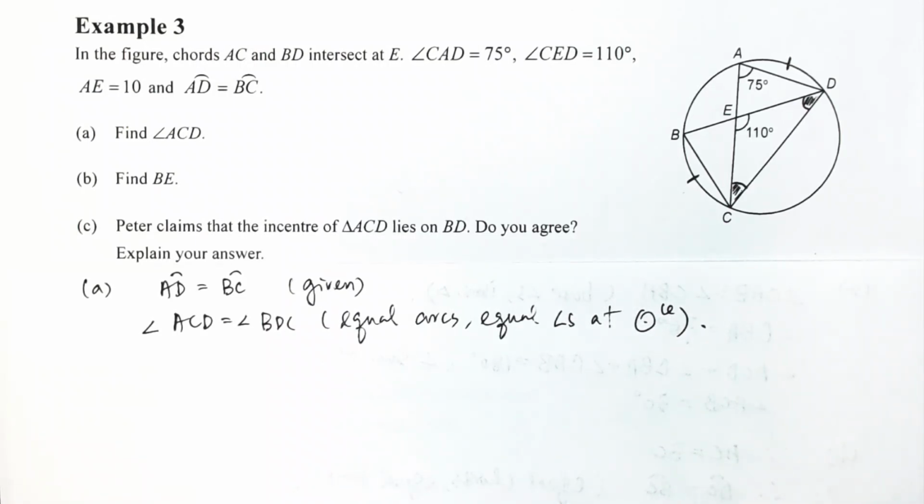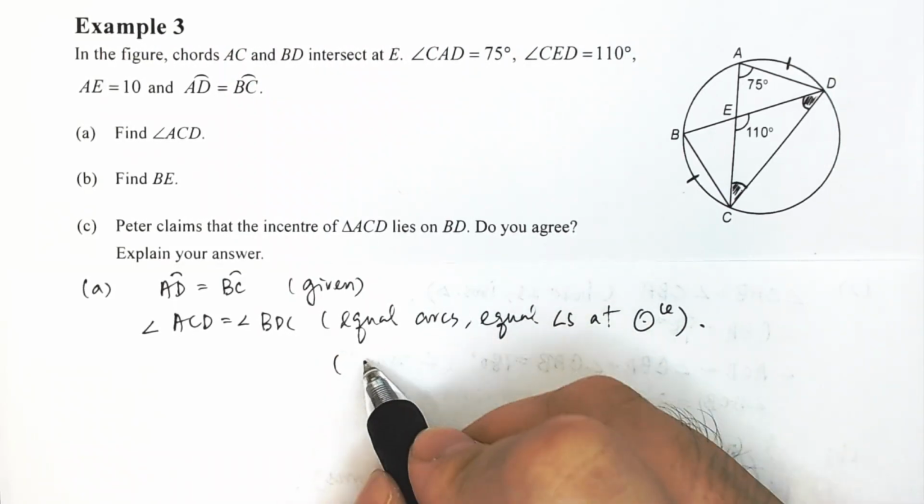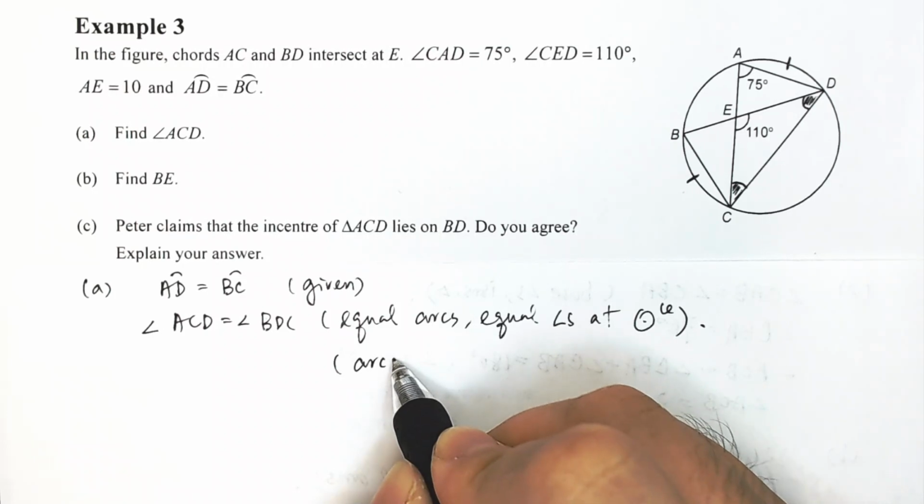Okay, but when you are talking about the relation between arcs and angles, when they are of equal length, you can also use the reference arcs proportional to angles at circumference.